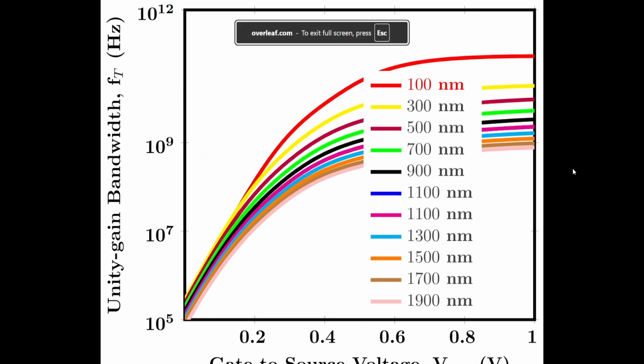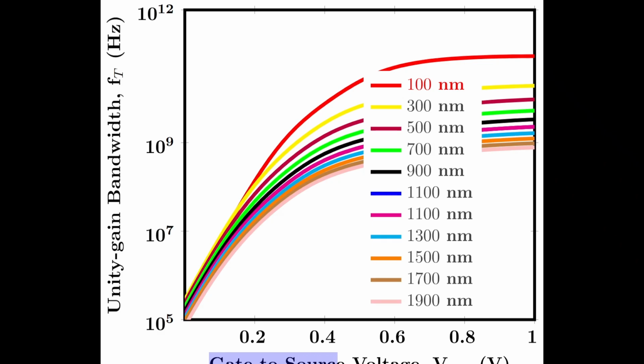Go to the presentation mode, and you can see this is the ft, meaning unity gain bandwidth, and your x-axis is the gate to source voltage, that is the VGS of n. Here I use different colors for the length, and the corresponding lengths are mentioned by using this legend.